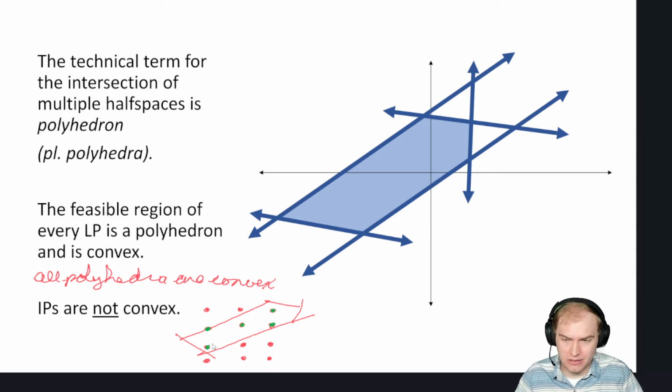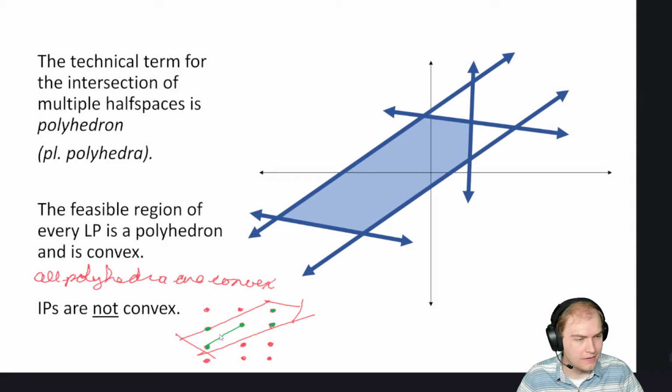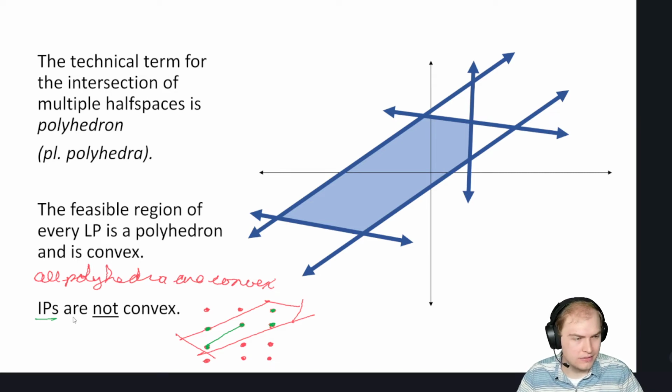And that's pretty obviously not convex. I'm drawing a line between those 2 points. It's not in this set. So IPs are not convex. Late in the class, we'll talk a little bit about how IPs are solved and how we get around this non-convexity issue.